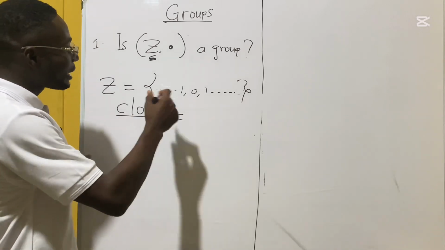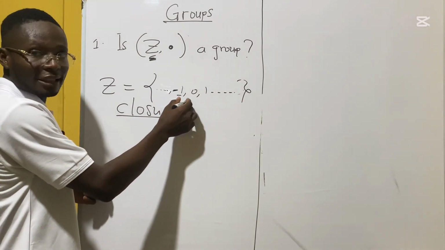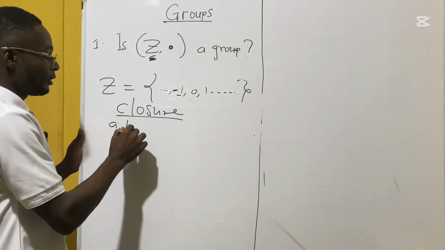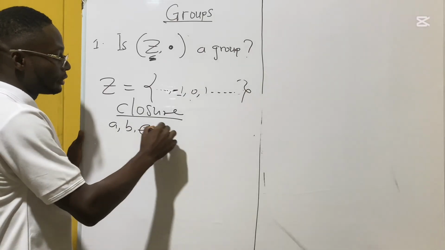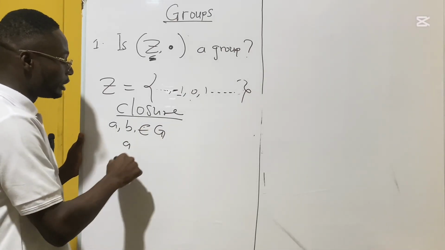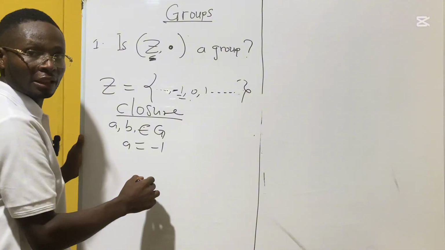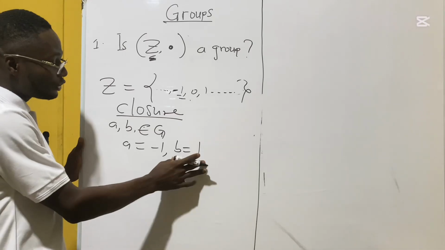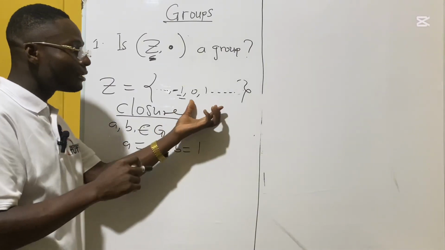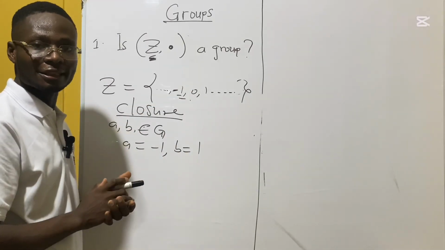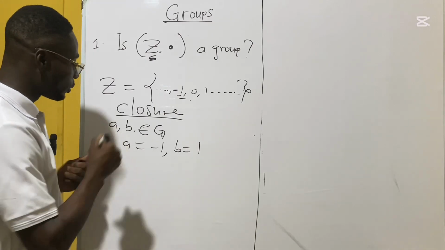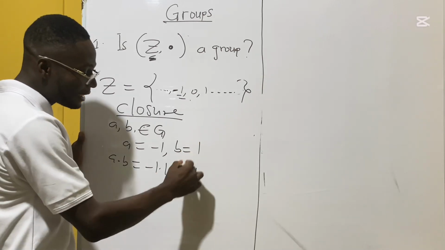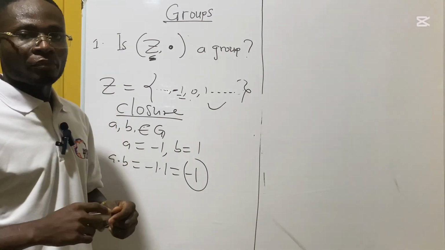Let's say A and B belong to Z, and you pick A to be -1 and B to be +1. When you multiply them, they still come from the set of integers. So A times B is equal to -1 times 1, which is equal to -1, and -1 is part of the integers.